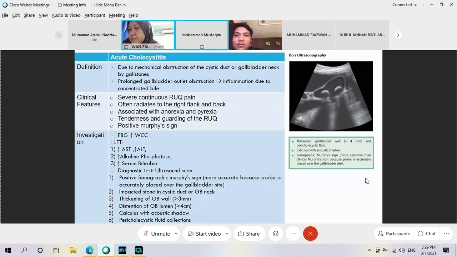Bilirubin jaundice. Presentation, clinical. Right upper quadrant pain. Sama. Kan Fadlan kan? Sama ada. Dua-dua ada right upper quadrant pain. Macam mana ni beza? This patient, you nak letak diagnosis as acute cholecystitis. What is the difference?